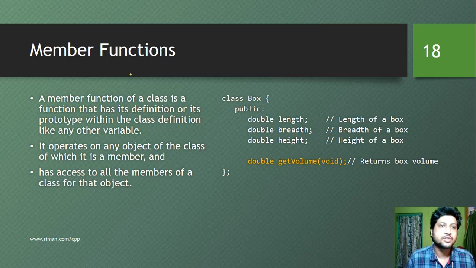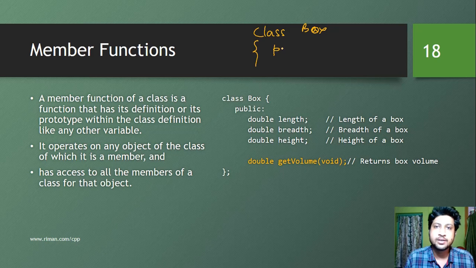So let's talk about member functions. A member function of a class is a function that has its definition or its prototype within the class definition like any other variable. So suppose the previous class Box.